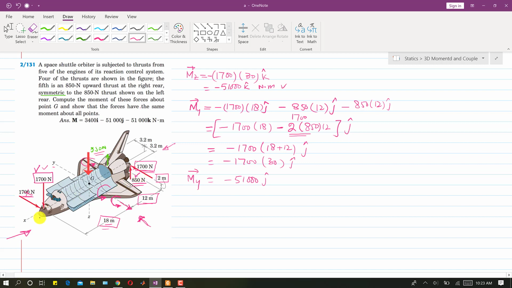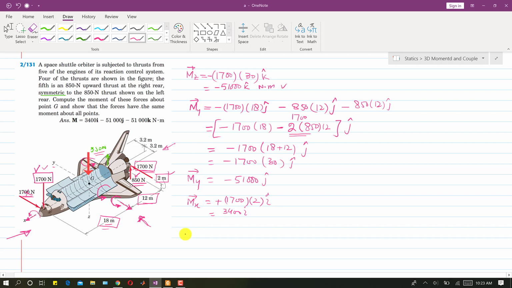So the direction of that moment will be like this, right? So if we curl our right hand fingers in this direction, the thumb direction is the positive x-axis, right? So if I write that the moment vector about x, it will be equal to 1700 into 2, the perpendicular distance from the x-axis, and this is in the plus i direction, right? So this will be 3400 i.